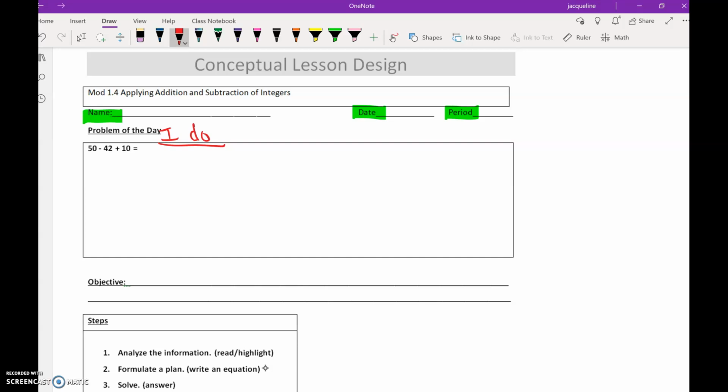As you know, there are 3 integers here that we are combining together in this sentence. First step is we are going to regroup the integers with the same sign.